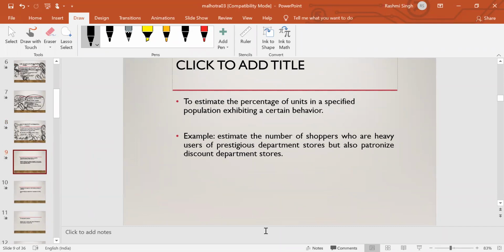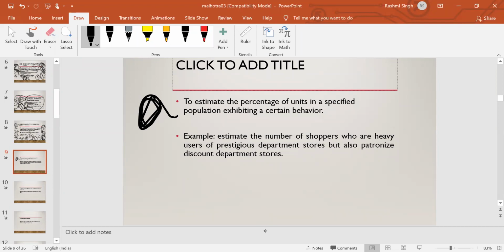Now, to estimate the percentage of units in a specified population exhibiting a certain behavior, you have to identify what should be the sales of my product in any particular region or area. Then also you can use descriptive research.